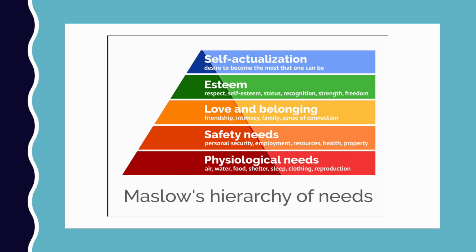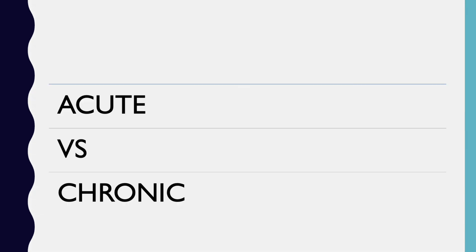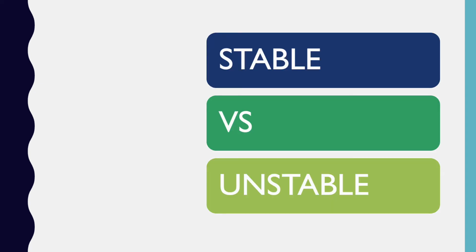All right, so remember safety, then love and belonging, esteem, and self-actualization, okay? So remember that is a good way to prioritize as well. You always take care of acute conditions versus chronic conditions. Okay, so that's another thing to keep in mind. Also, stable patients versus non-stable patients.